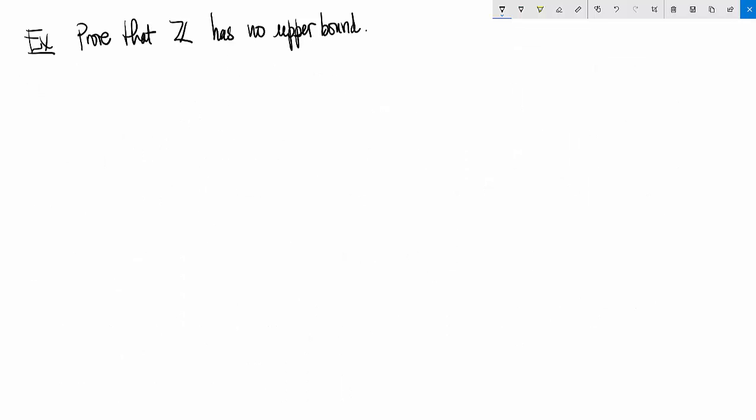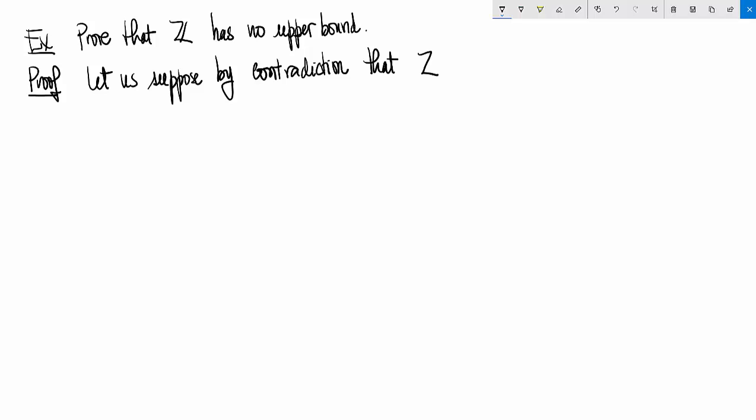All right, so as another application of the completeness axiom, I claim that we can use the completeness axiom to prove that the set of all integers has no upper bound. Okay, so to this end, let us suppose by contradiction that Z has an upper bound.